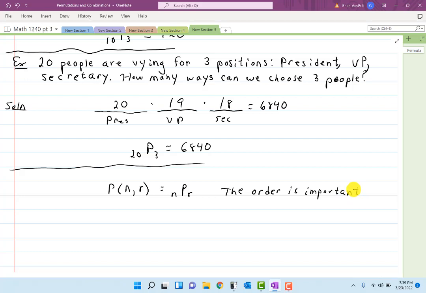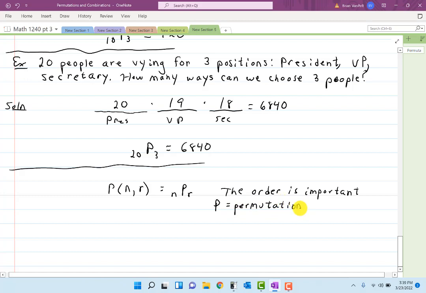So when you're talking about order, you need to talk about the letter P. The letter P does stand for permutation. So in reality, we can always say NPR is the number of permutations of R objects taken from a collection of N objects. But unfortunately, that doesn't really mean a lot to anybody. It's probably best to do problems like this and to sit down and make sure that you have an order implicit in the problem.